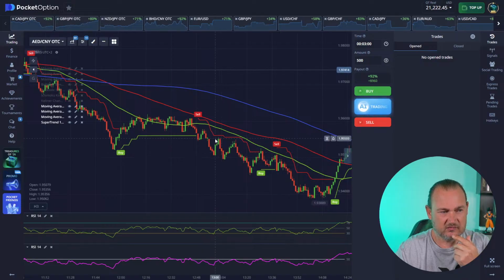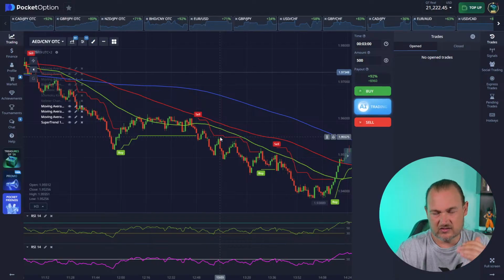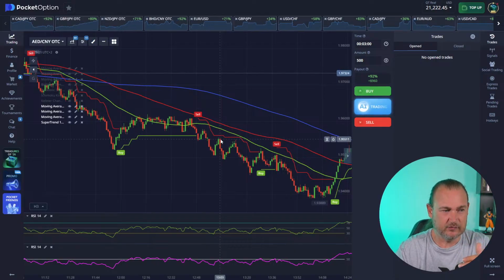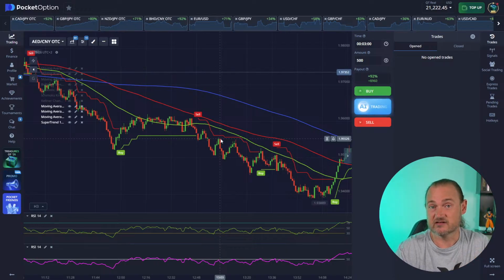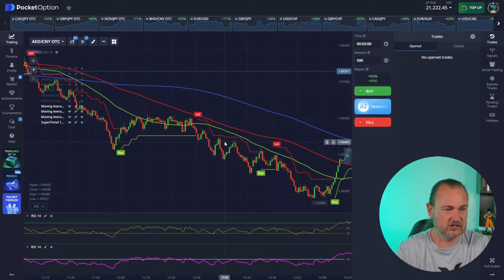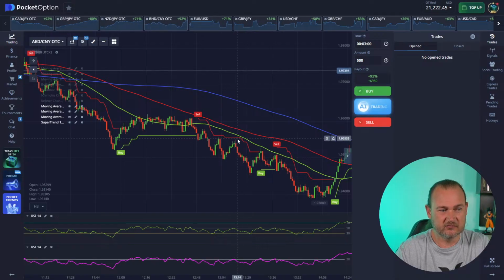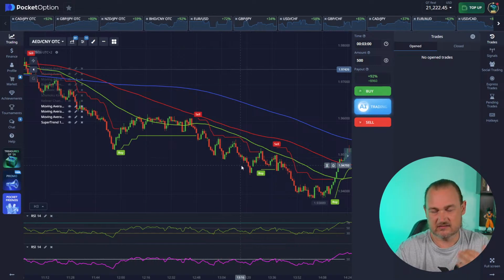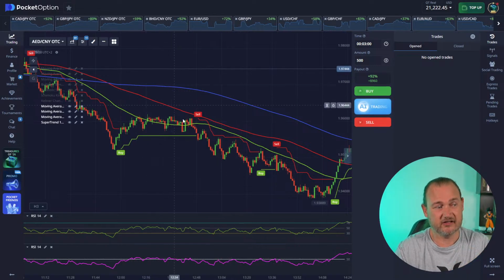So look at that entry there, and there's another entry there. Not necessarily touching, because if price does break through, the super trend changes direction immediately. But if you use super trend, price will get close to it, and you get those tests there as well. And then as soon as you identify that, just go with the direction. In this case, the direction is downwards.